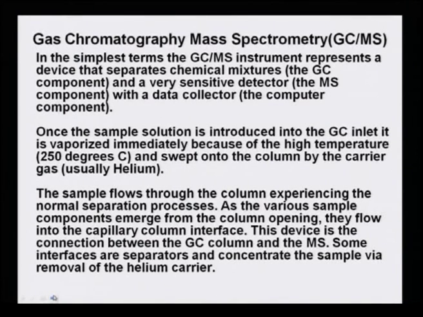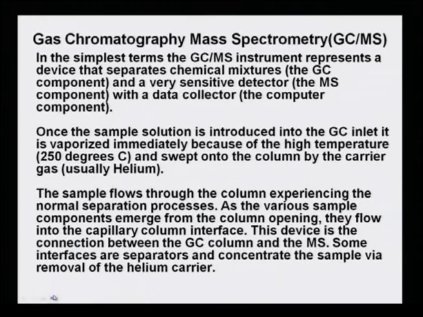Once the sample solution is introduced into the GC inlet, it is vaporized immediately because of the high temperature, that is about 250 degrees centigrade, and swept onto the column by the carrier gas, which is usually helium. Of course, there could be other non-reacting gases like nitrogen and argon, but helium is the lightest, and that is why it is more prevalent to be used.